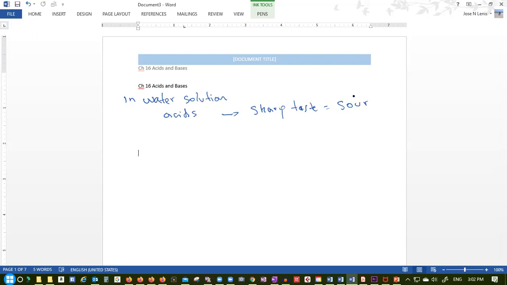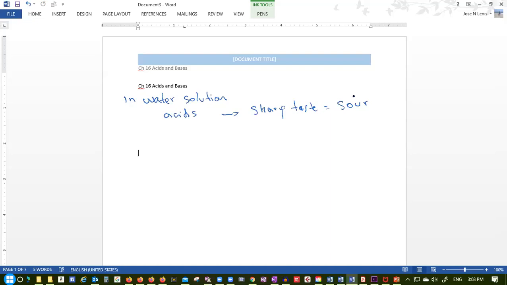We know this because some substances that are edible, some acids that are present, those weak acids in foods and fruits, show that particular sharp taste, like for example, citric acid present in lemon, orange, or even strawberries.